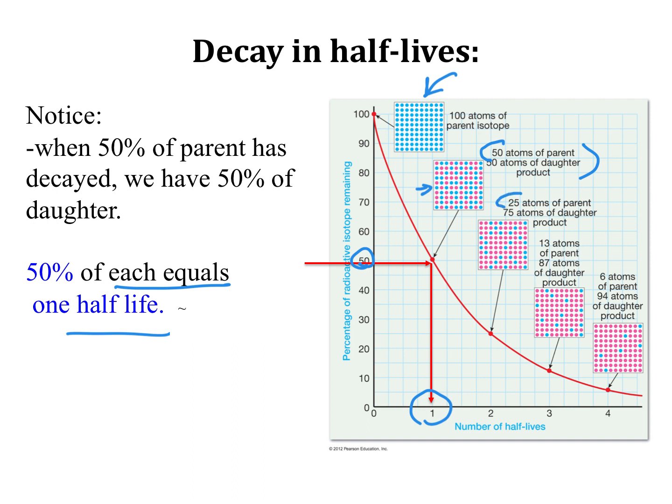And we add the 25 that decayed, half of the 50, to the daughter, and now we have 75 atoms of daughter. So when we get here to 25% of parent left, we read that down. We have gotten through 2 half-lives. And it just continues. You're always losing half of whatever parent you have remaining.